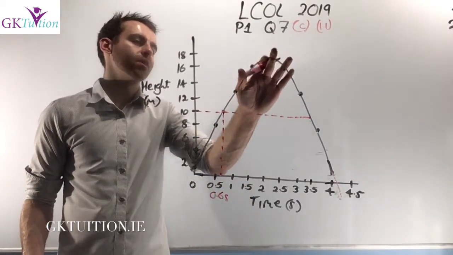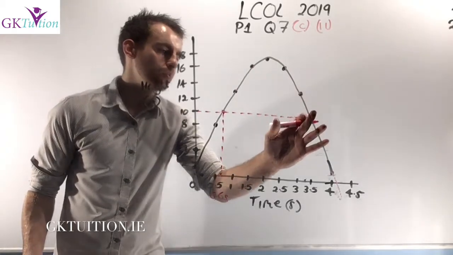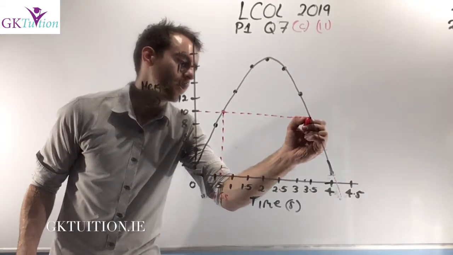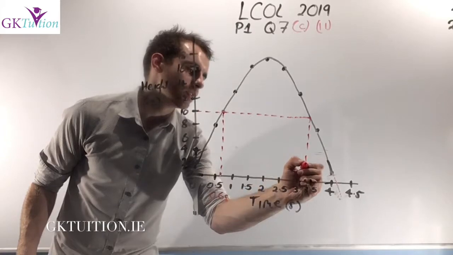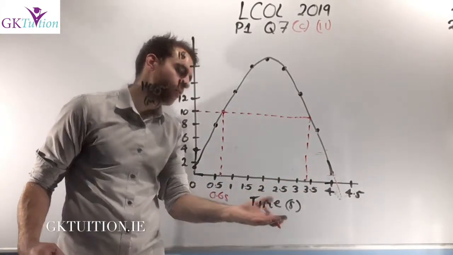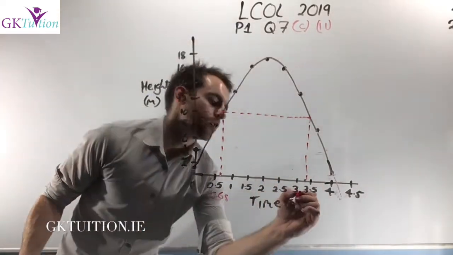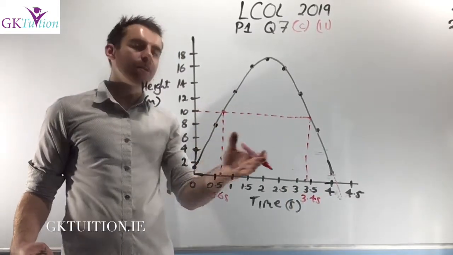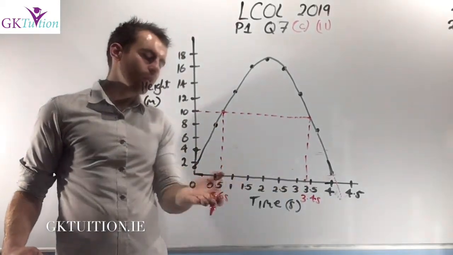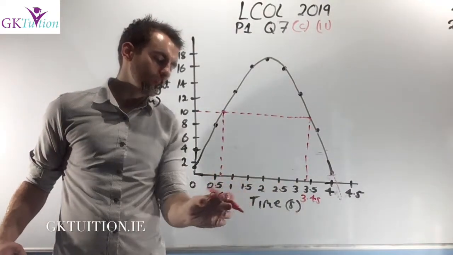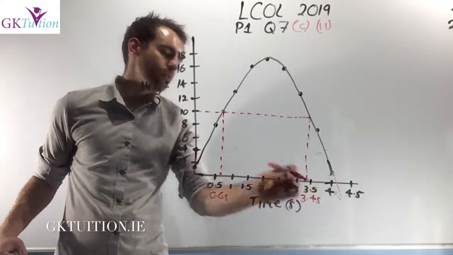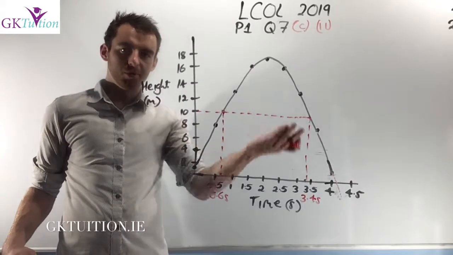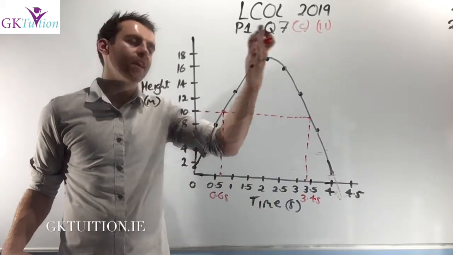It goes up and then it starts to go down, and it goes below 10 meters roughly here, which if I draw a broken line down, works out at roughly 3.4 seconds. So I know that from between 0.6 seconds to 3.4 seconds, the ball is above 10 meters.